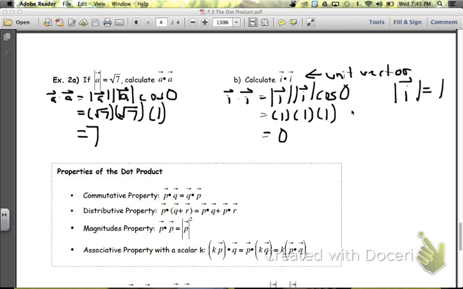So the dot product of P and Q plus R is just equal to the dot product between P and Q plus the dot product between P and R.